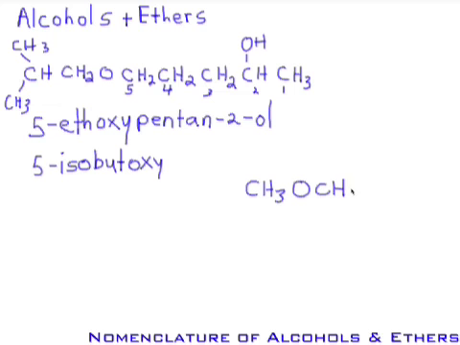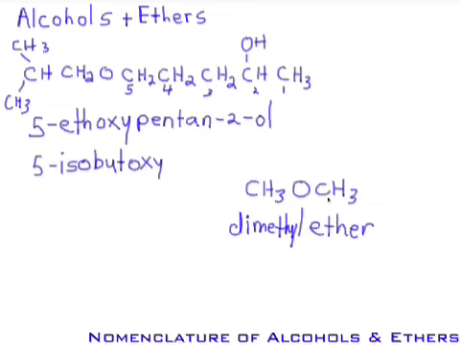Well, then the highest priority group is the ether. And so ether is the root name. You name the alkyls attached to the oxygen. In this case, we have dimethyl ether. 2 words.